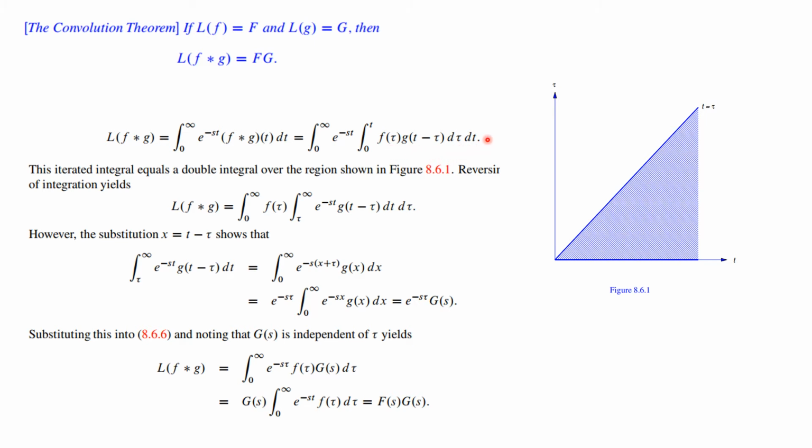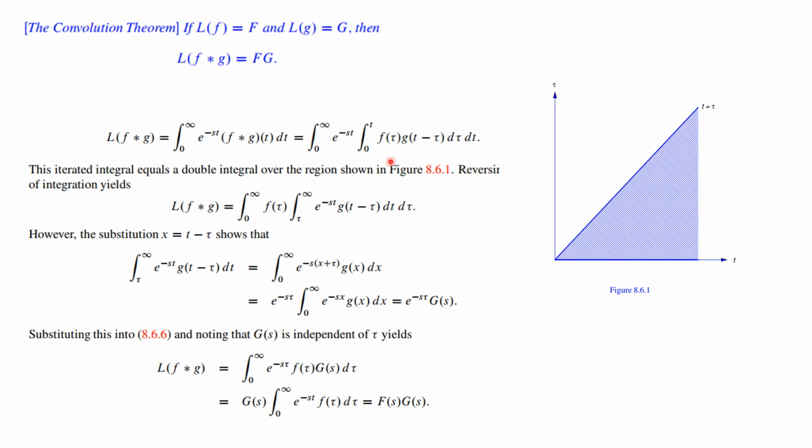And now, as so often happens, what we're going to do is change the order of the integration. First we're integrating with respect to tau and then t, but we can invert that order of integration. So now we're going to do it with respect to t first.